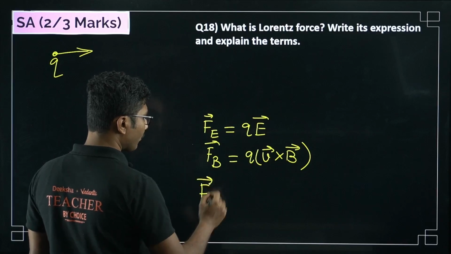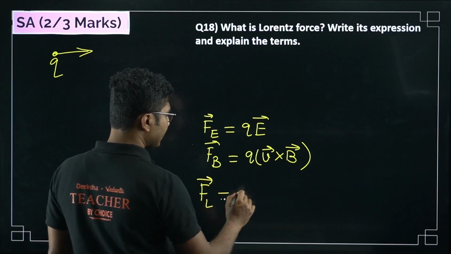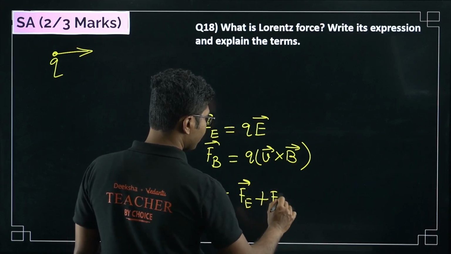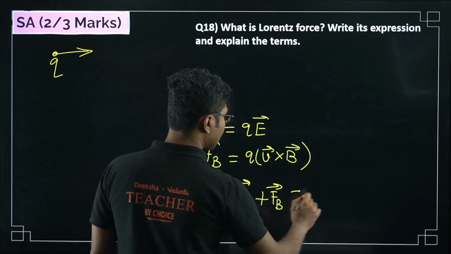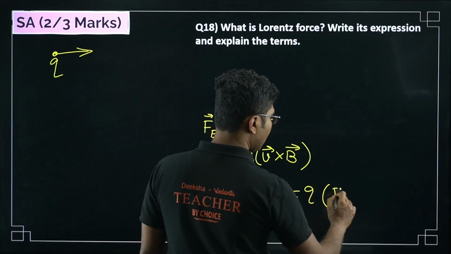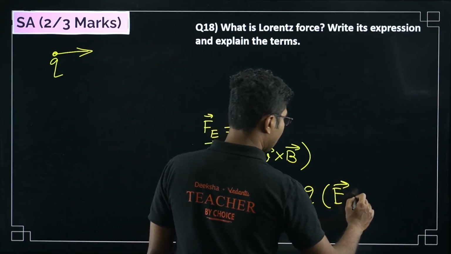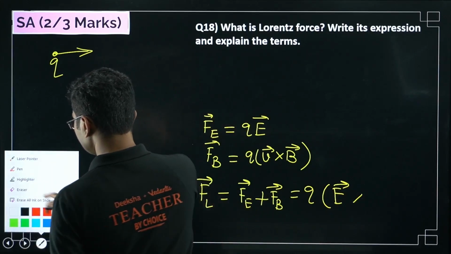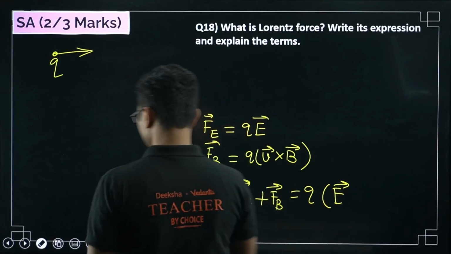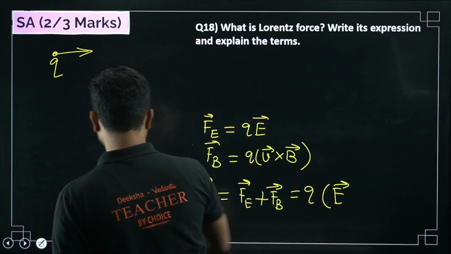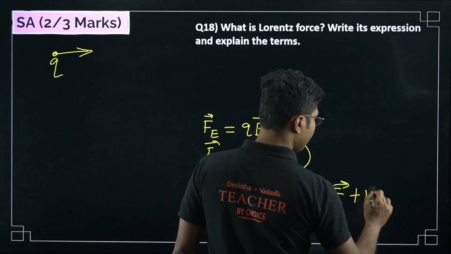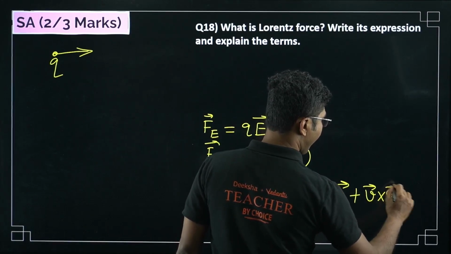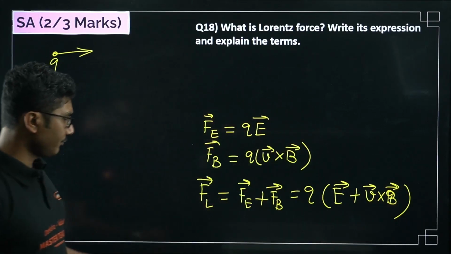The total force, called the Lorentz force, is electric force plus magnetic force. So this is Q into E plus V cross B, right? This is the Lorentz force.